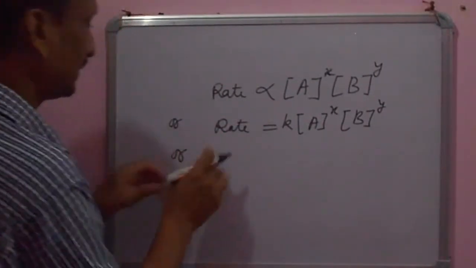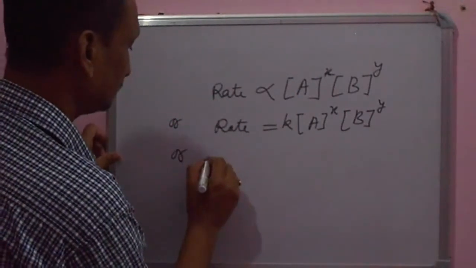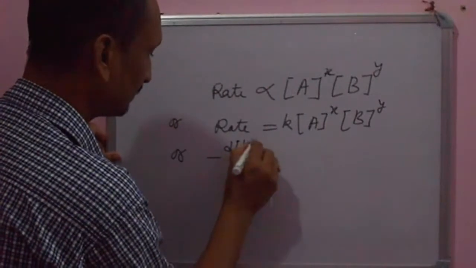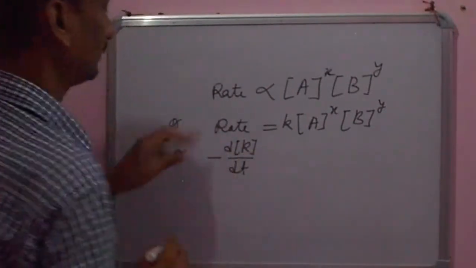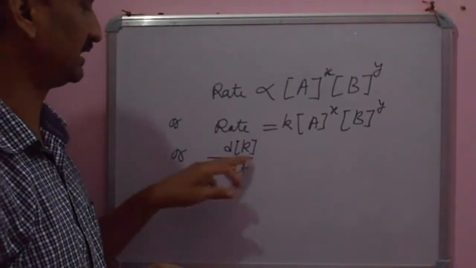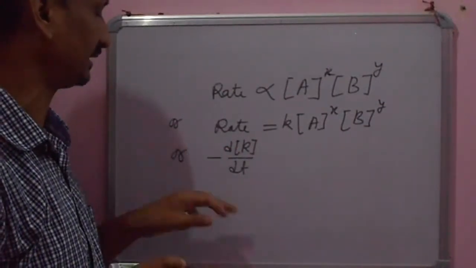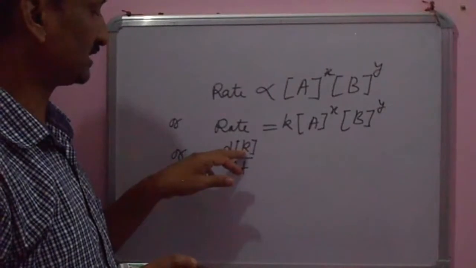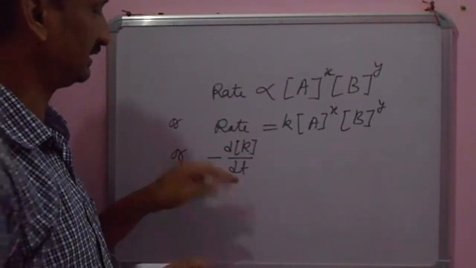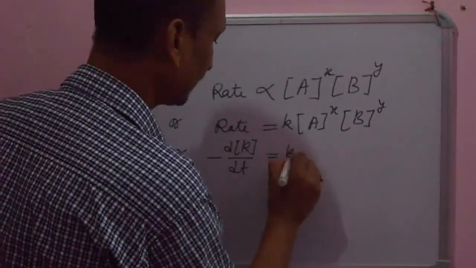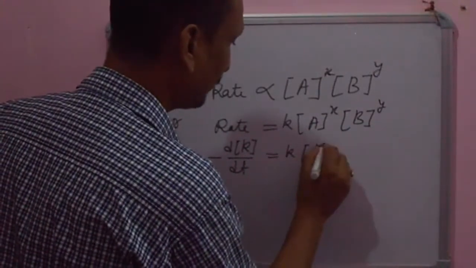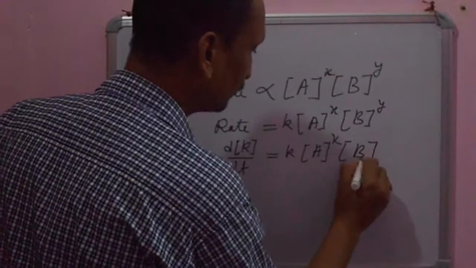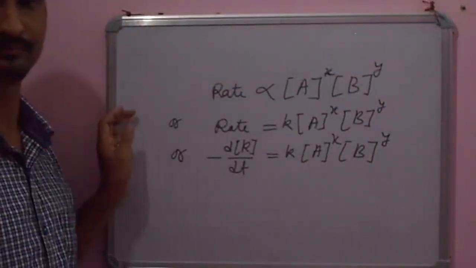Or rate is written in terms of reactant as minus d[R]/dt. That means minus change in reactant concentration in a time interval dt will be equal to k, concentration of A to the power x, concentration of B to the power y.